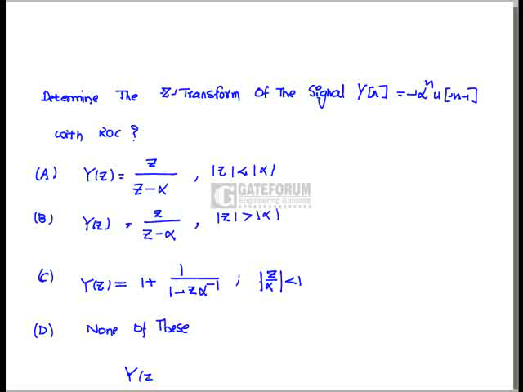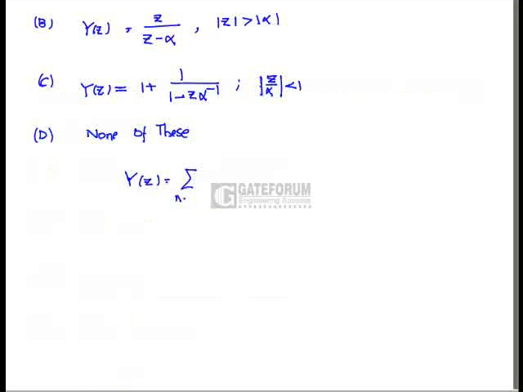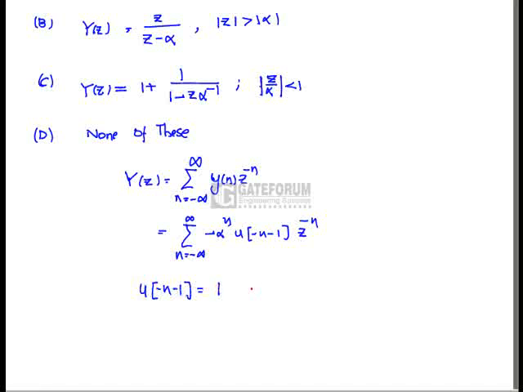Y of z equals the summation over n from minus infinity to infinity of y of n z power minus n, which is the summation of minus alpha power n u of minus n minus 1 z power minus n. u of minus n minus 1 is equal to 1 for n from minus infinity to less than or equal to minus 1, and 0 elsewhere.